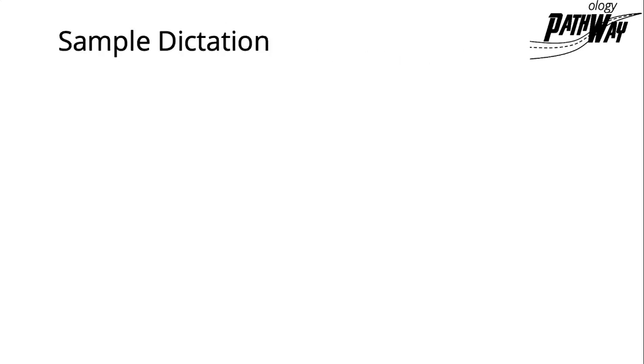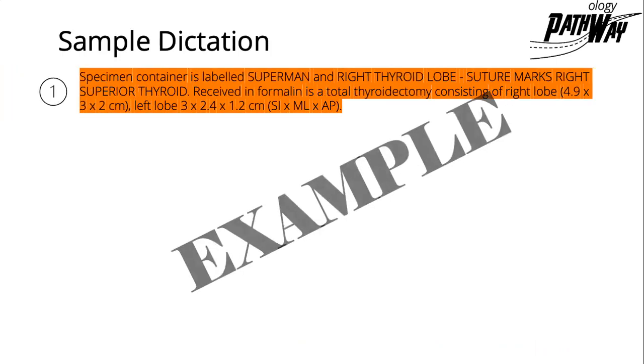So let's take one sample dictation. Number one, as we mentioned, you can relate this slide to the previous slide mentioning the 5 stages of gross description. So here, number one, we will say specimen container is labeled Superman, Batman, whatever, and right thyroid lobe.